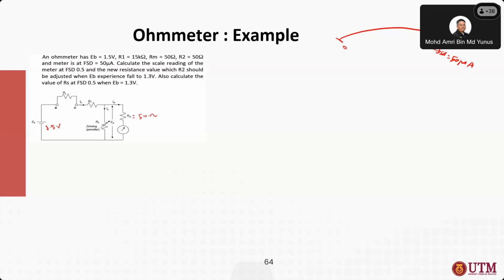This is when the resistance between A and B, or RS in this example, is equivalent to 0 ohm. So the question is, what is the value here? What is RS when IFSD divided by 2? What is RS according to this circuit?